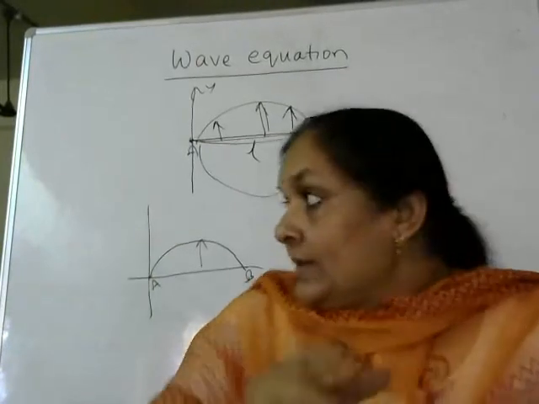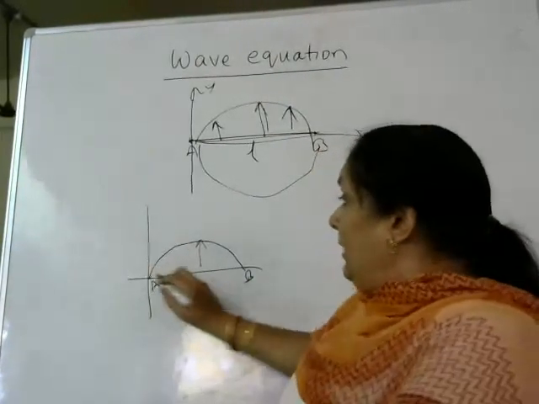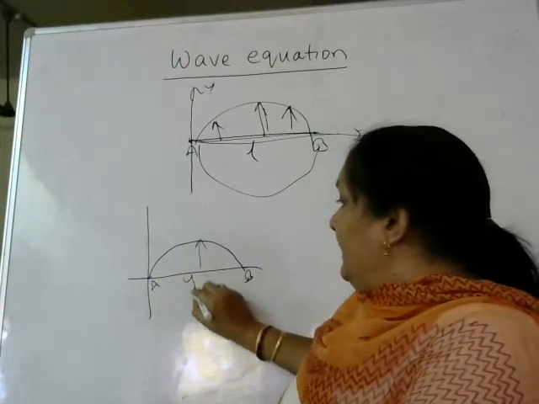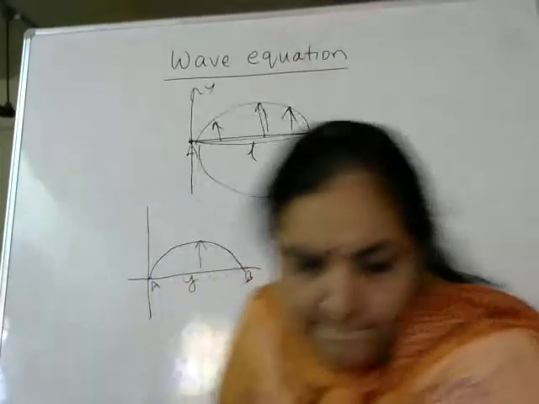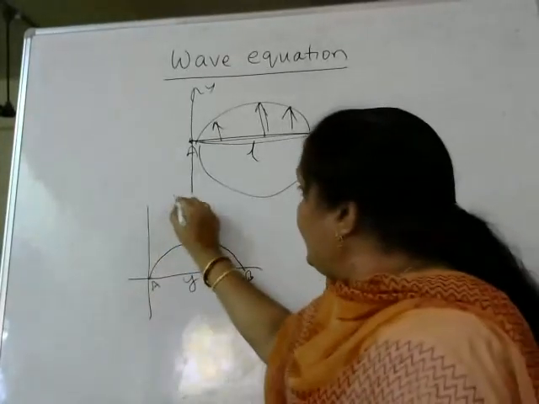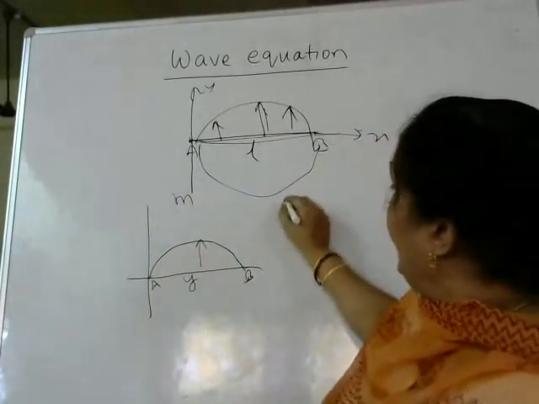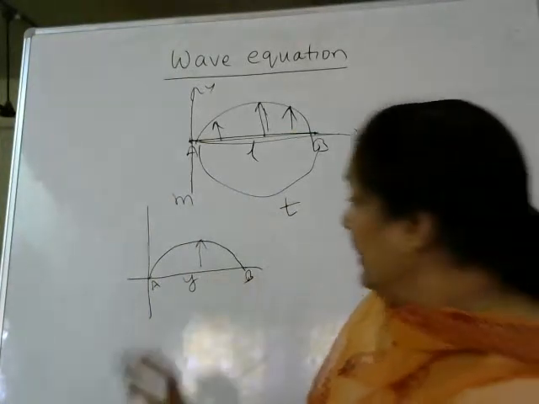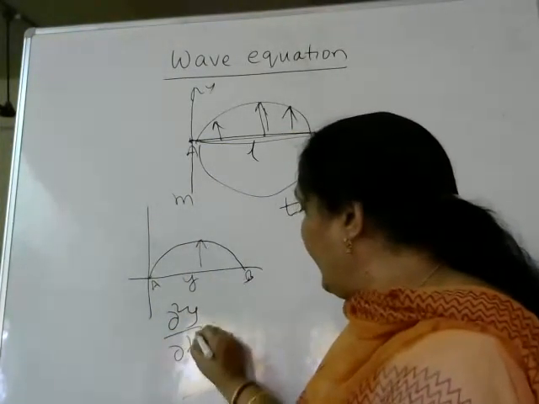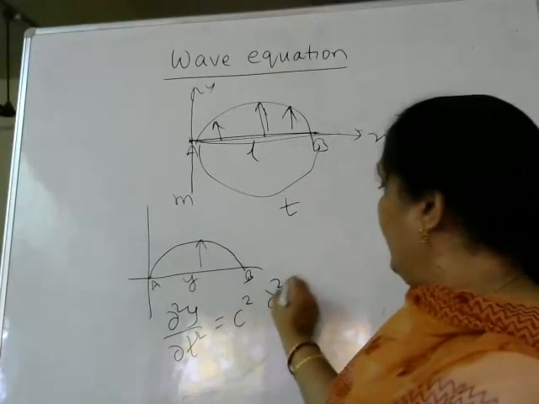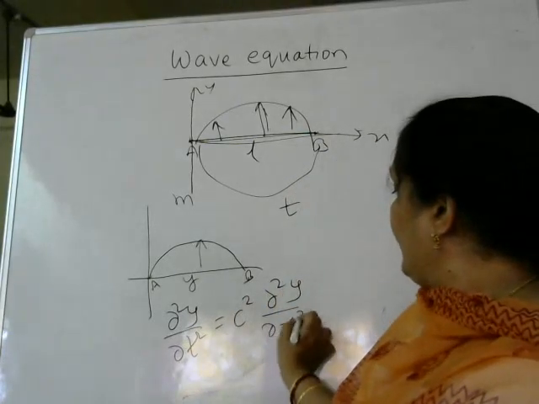Suppose y represents the displacement of the string, m is the mass of the string, and t represents time. Then dou square y by dou t square is equal to c square dou square y by dou x square.